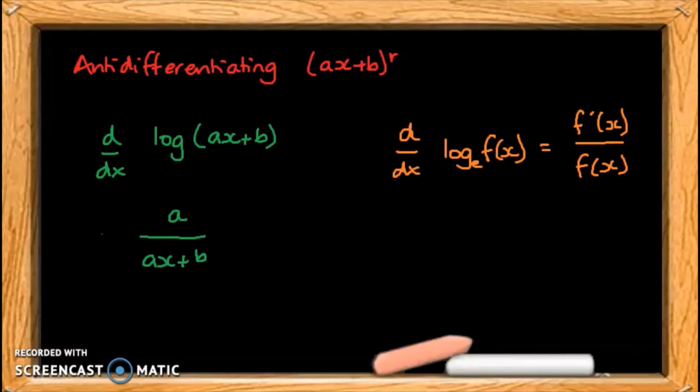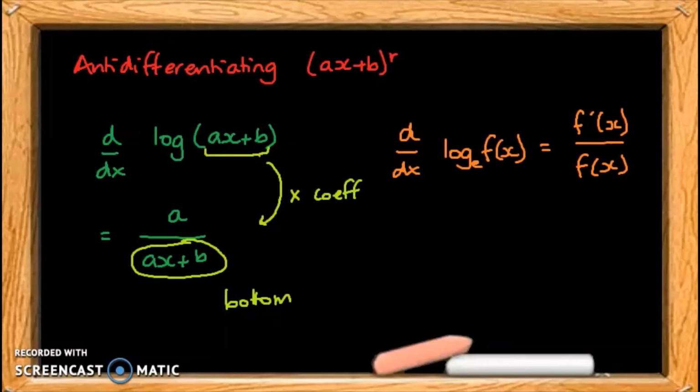So therefore, if I want to go the other way and consider this as a different sort of process, what I've done when I've taken the derivative is multiply by the coefficient, and I have my expression ax plus b on the bottom.